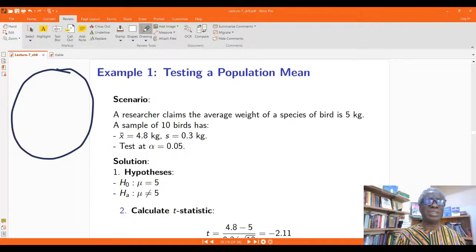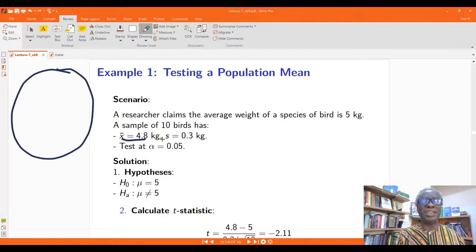So we take a sample of 10 birds from this population, or from the species of the bird. The weight of each of the 10 birds was measured, and then you have the average weight here.